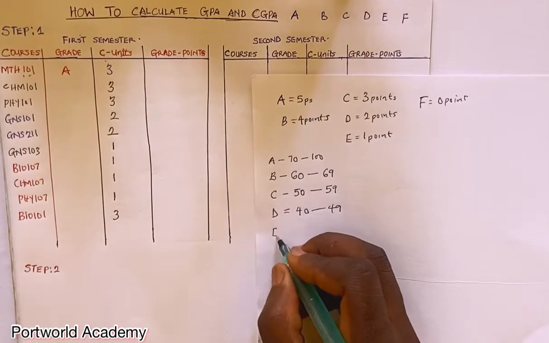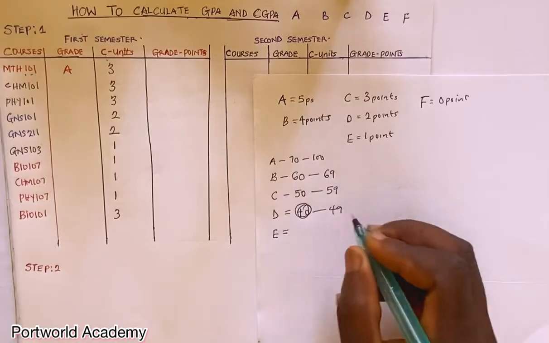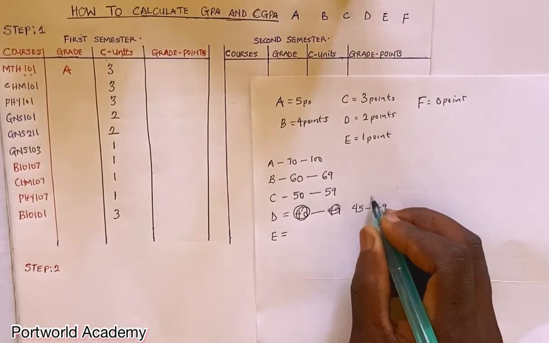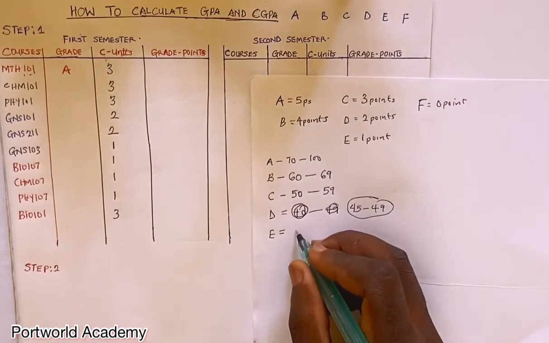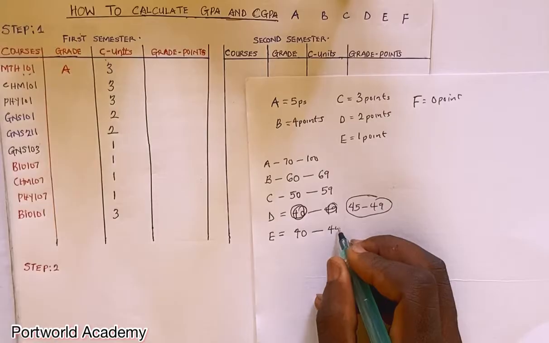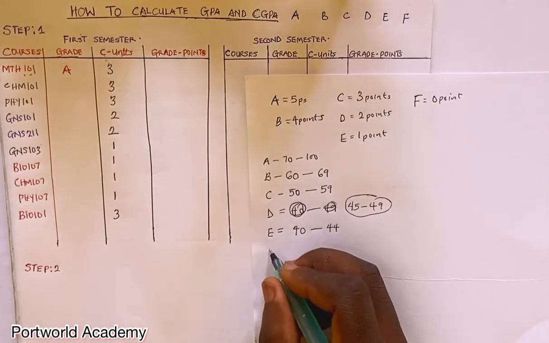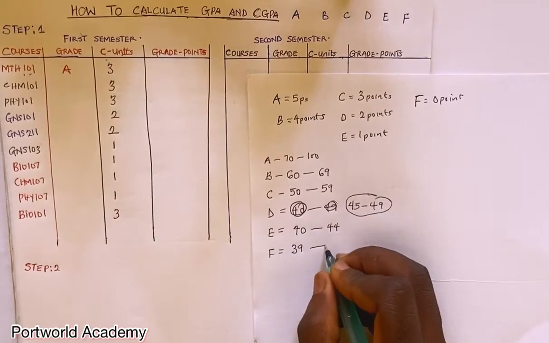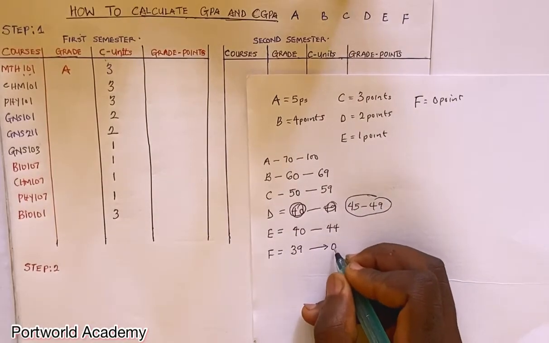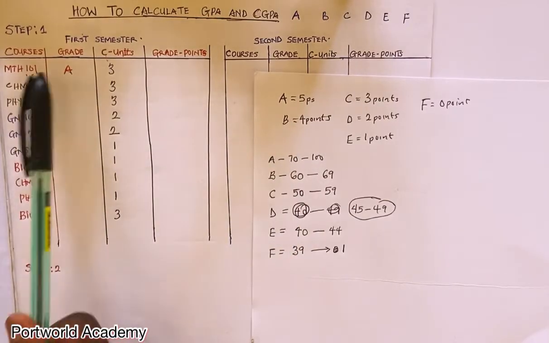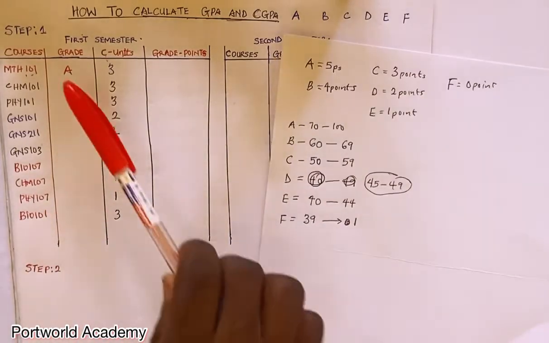Your E is within 45 to 49, or let's say 40 to 44 exactly. And your F is from 39 down to 0, or let me just say 1. Just something like this. Let's say you have 70, A, in your mathematics, MTH 101. So it's still A as well.